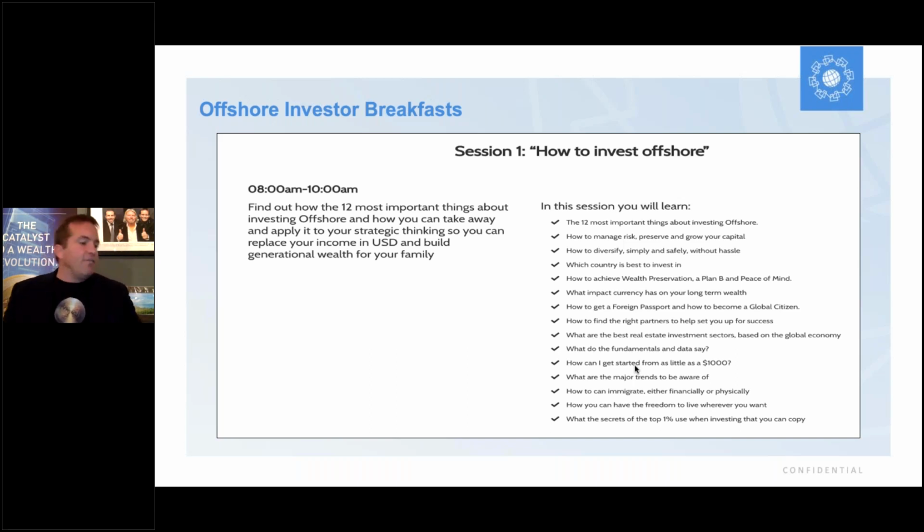Someone said, I don't have a lot of money, how can I get started from $1,000? What are the major trends that I need to be aware of? How can I immigrate either financially or physically? How can I have the freedom to live wherever I want in the world? And what secrets are the top 1% using when they're investing?